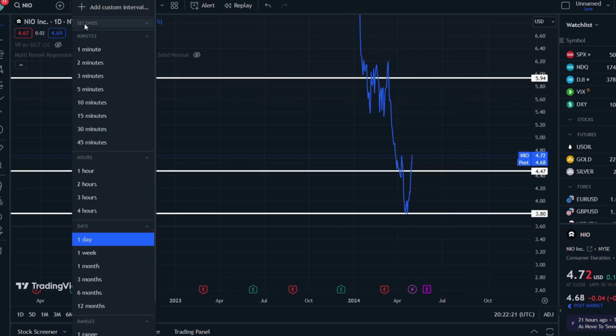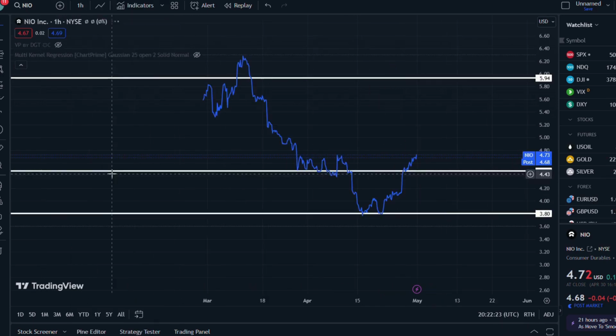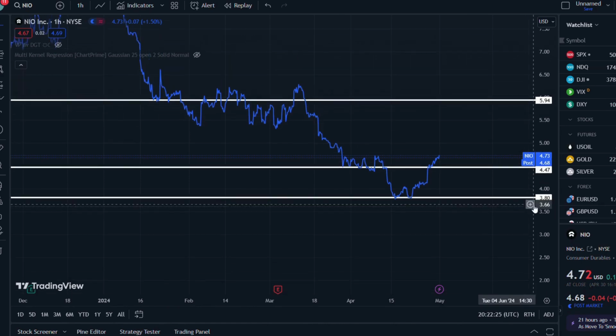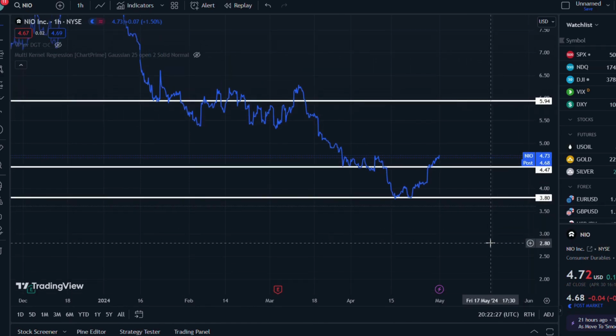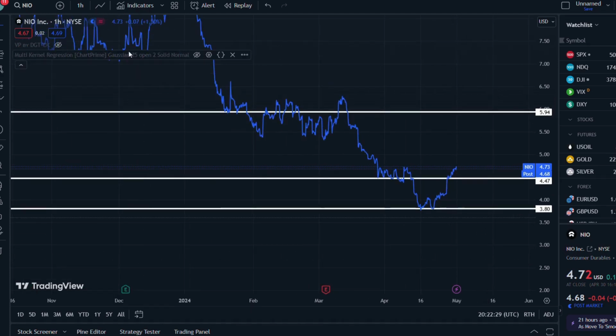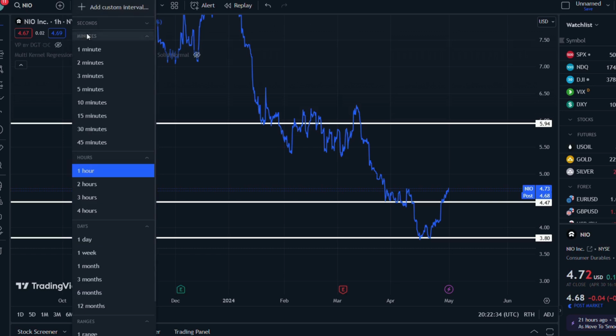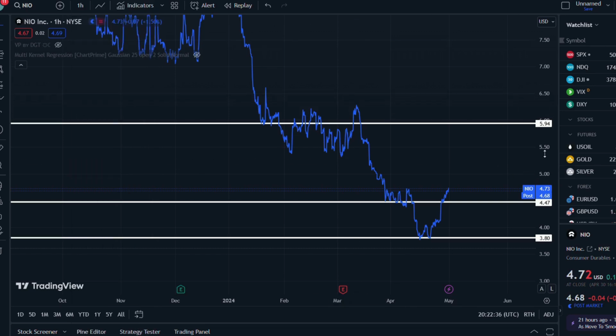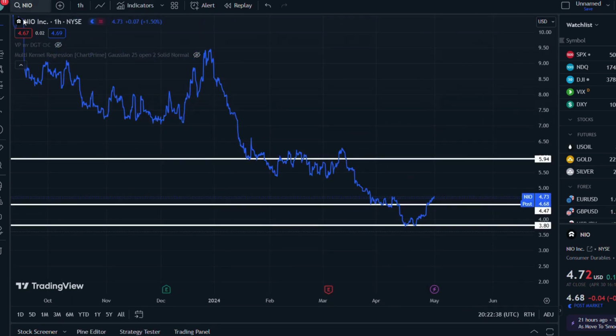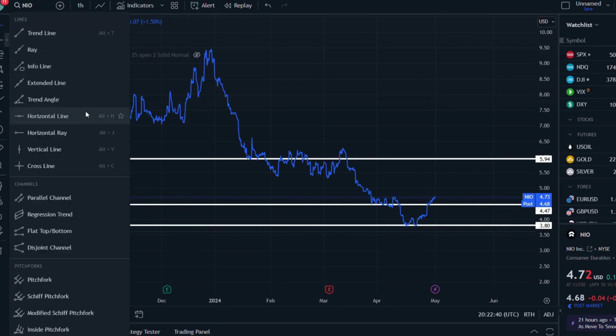Let's zoom in on the time frame, because some seconds ago we were in the day time frame. Right now we are in the 1 hour time frame, and you can change it from this tool here. I would like to draw one more pattern, and it will be the parallel channel.